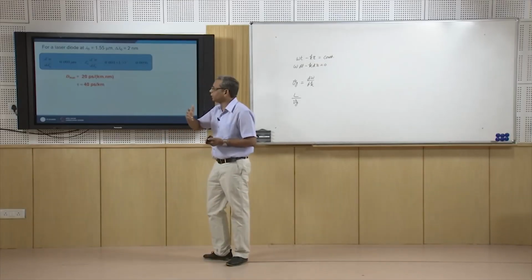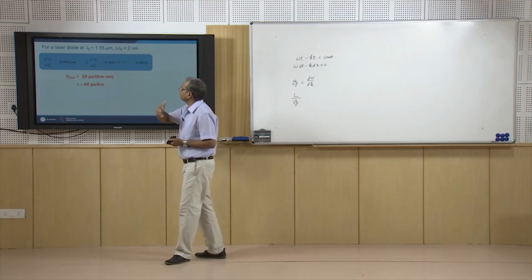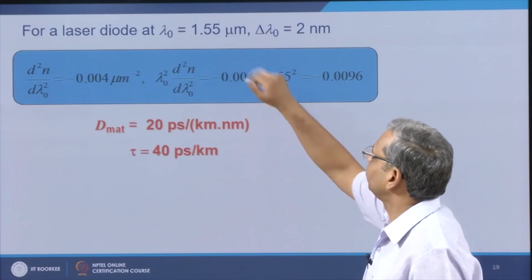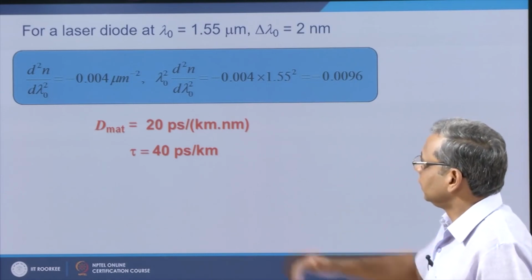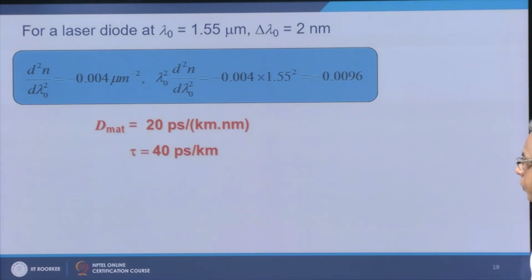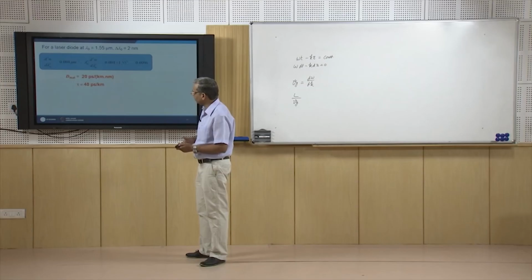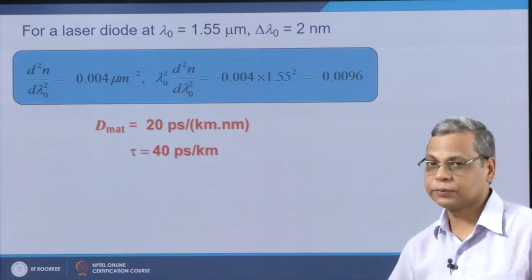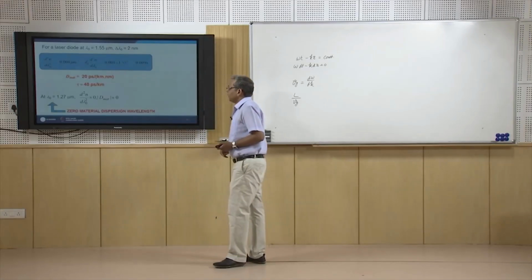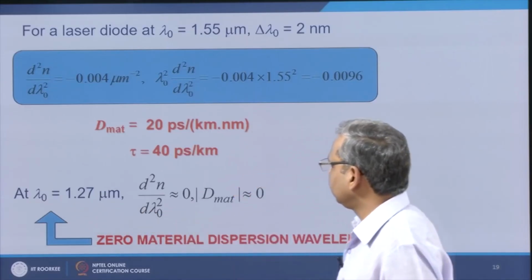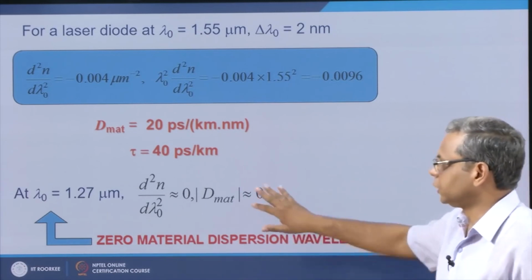So you can see when I go from an LED at 800 nanometer wavelength to a laser diode at 1550 nanometer wavelength, the material dispersion comes down drastically from 3 nanoseconds per kilometer to 40 picoseconds per kilometer, and if I use a wavelength around 1.27 micrometer, then it is almost 0.